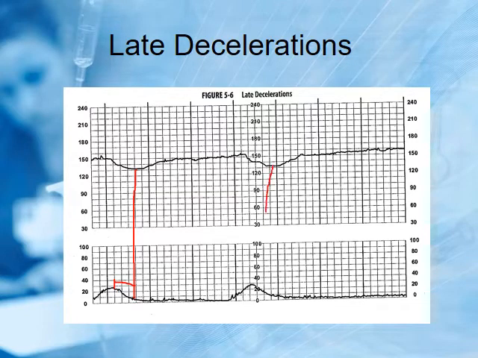This one, straight down. It happened late. So these are lates, okay? They look like earlies in that they're symmetrical and they go smooth down and up, but they're late because they occur late. And this is evidence that the placenta needs more oxygen, more blood, more fluid, more something.